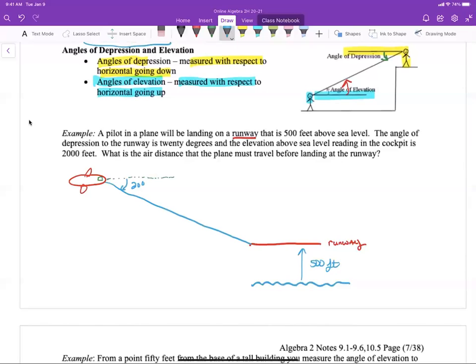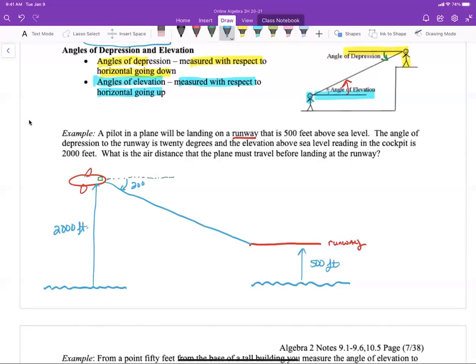Okay. They also tell us that the elevation above sea level reading in the cockpit is 2,000 feet. So inside the cockpit, I have been told that I'm above the sea by 2,000 feet.